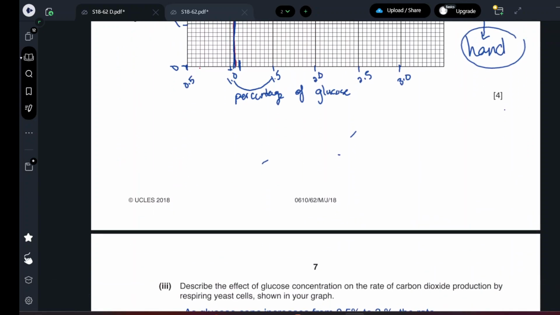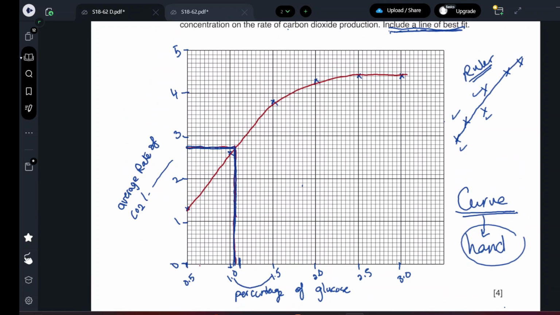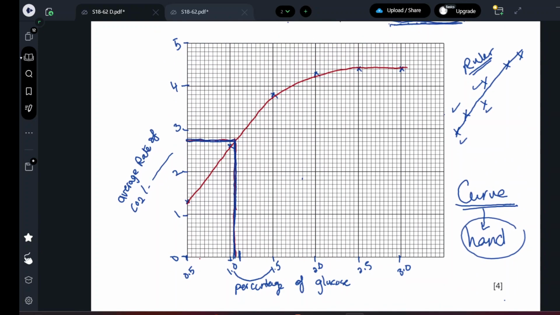Describe the effect of glucose concentration on the rate of carbon dioxide production by the respiring yeast cells. Describe the graph. As the concentration of glucose increases from 0.5 till 2, the average rate of carbon dioxide increased from 1.3 to 4.3.